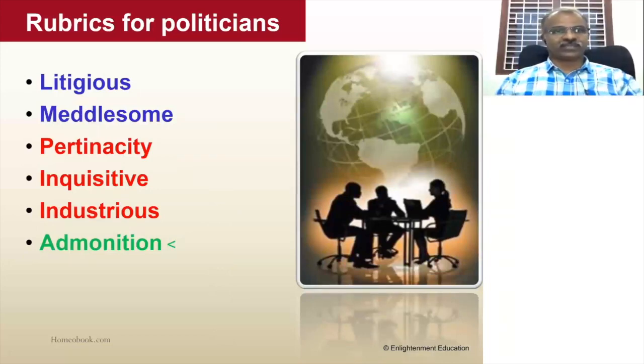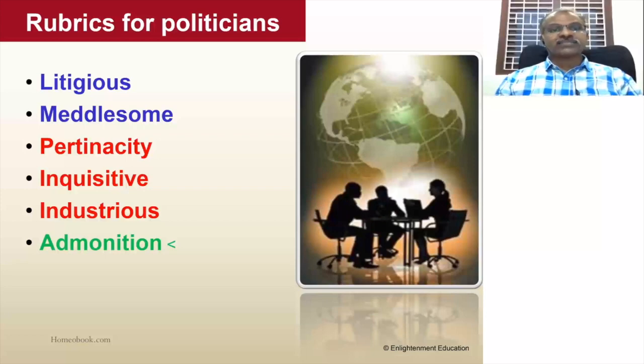Some more rubrics related to that. Litigious. This is a rubric in Comparative also. That means they are always taking others into court on trivial matters. Always complaining. For example, my neighbor looked at my wife, so immediately after that, he gave a complaint to the police station. So always taking others into court or police station on trivial matters. That's the denotation of litigious.